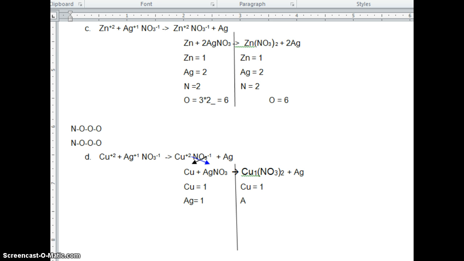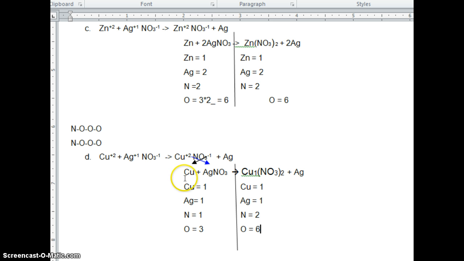And on the product side? And how many Ns? And on the product side? Remember, we got to distribute this 2 into the parentheses. And how many O's? 3. And on the product side, there are 6.